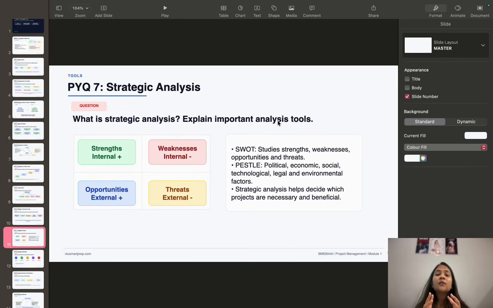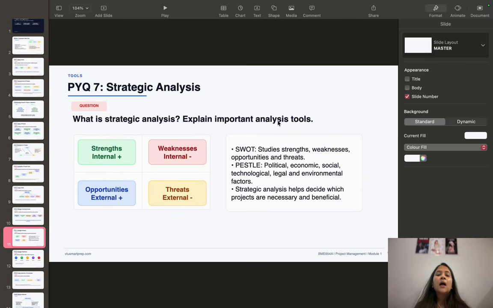When I'm talking about S, strength, these are internal positive factors. Where W stands for weakness, these are the internal negative factors.